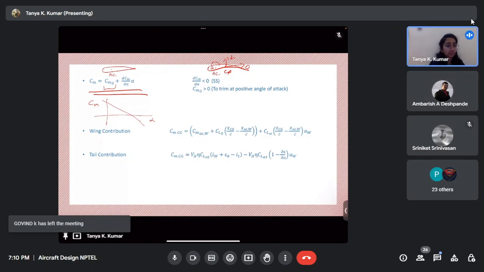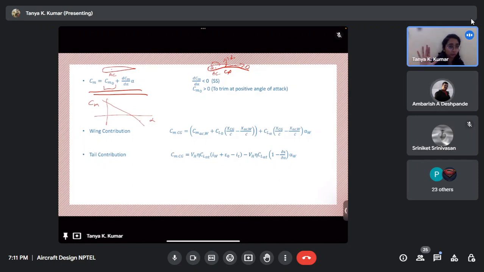Why would you prefer it? Cm naught does not contribute towards stability in any way. So the only reason why we want Cm naught to be positive is because you want to trim at a positive angle of attack. It's just desirable. It's not necessary. So even if it's larger or lesser, it does not contribute towards the stability. The only quantity is the slope. So as long as the slope is higher, we desire a higher slope.